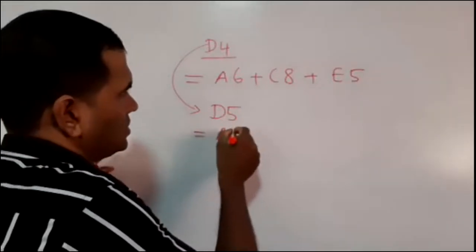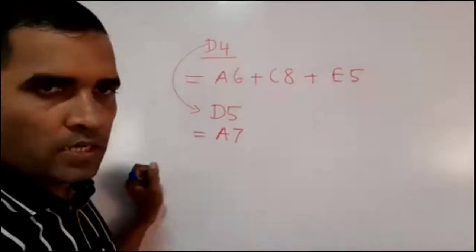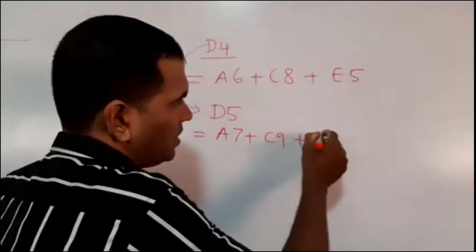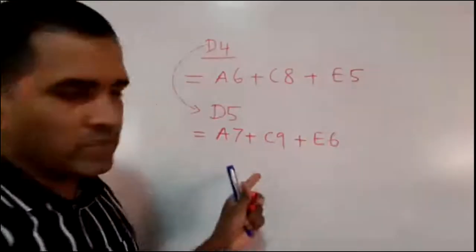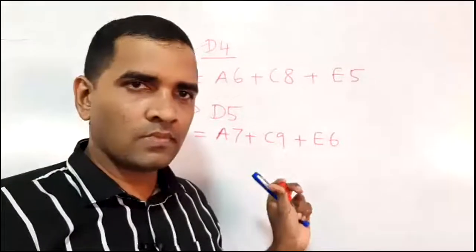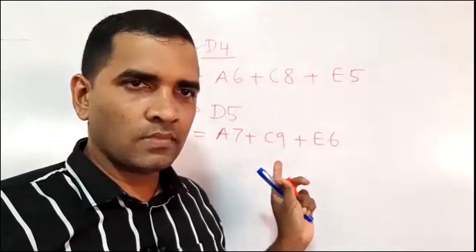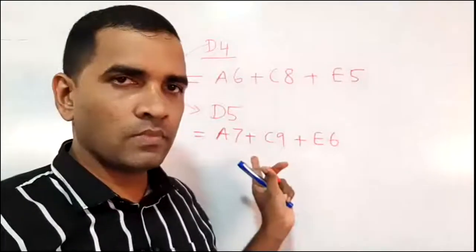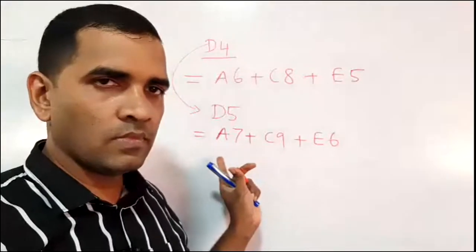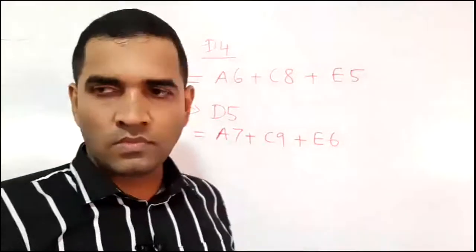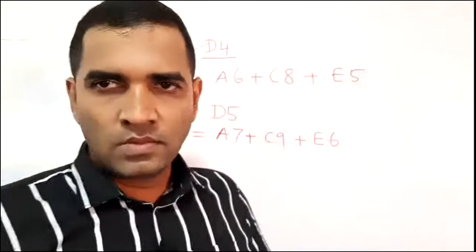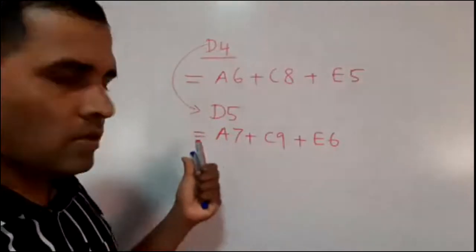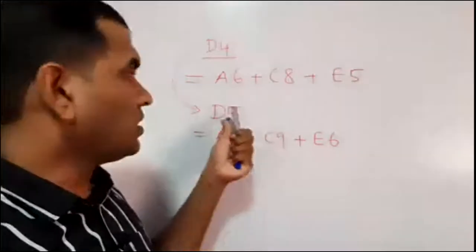Okay, A7, even though the sound quality is not clear, I got it. A7 plus C9 plus E6. Is it your answer? Janoja, is it your answer? Yes, sir. This is my answer. Okay, let's check.